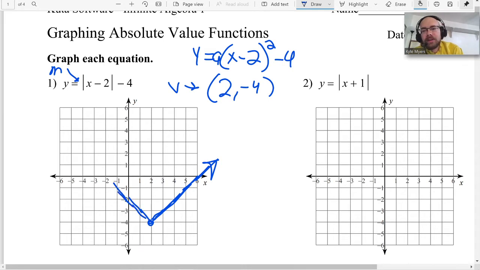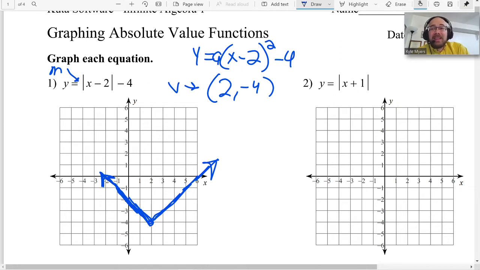Sorry, that wasn't a really good drawing there. You go up 1 over 1 in the left direction, which would be like negative 1. So it's a slope of 1 and negative 1. You go slope of 1 out one way diagonally and a slope of 1 out the other way diagonally. Maybe that's a better way to think about it.